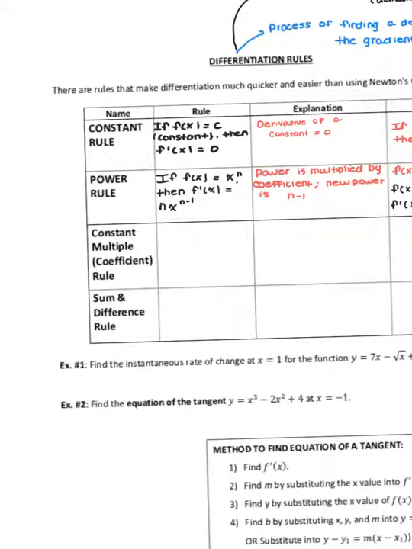So the constant multiple rule just says that if we have a constant in front of our function, you're going to take that same constant and multiply it by the derivative. It's not going to change.